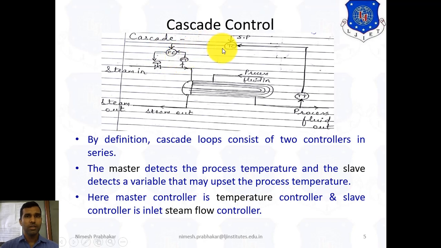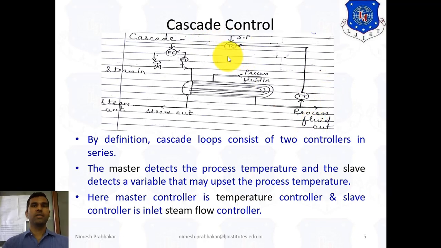So why do we need to use this second controller? Because of some flow changes, the temperature is also changed. So for more accuracy we use two controllers, one is the temperature controller and the other is the flow controller. The function of this controller is to maintain the temperature of the outlet process.